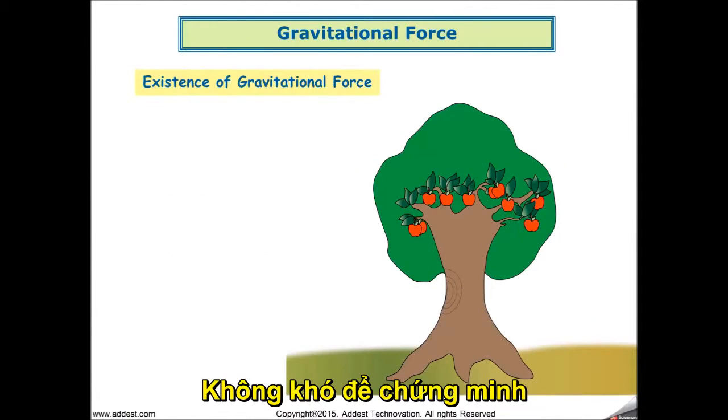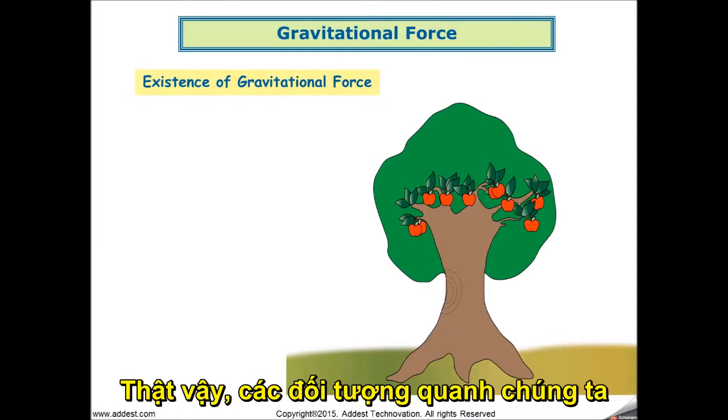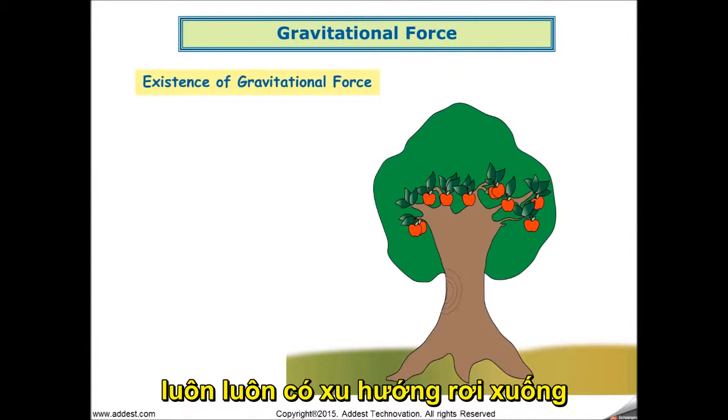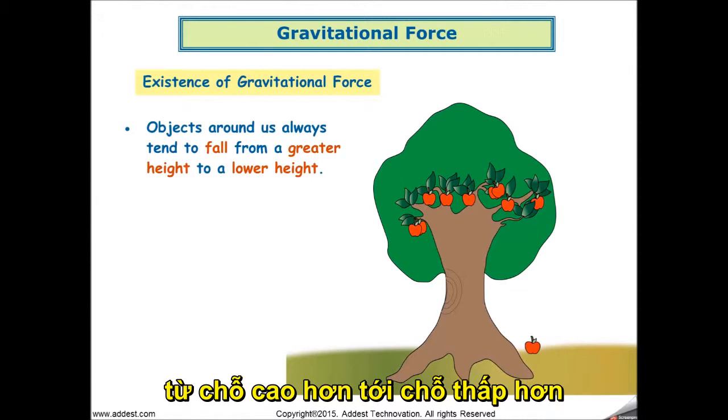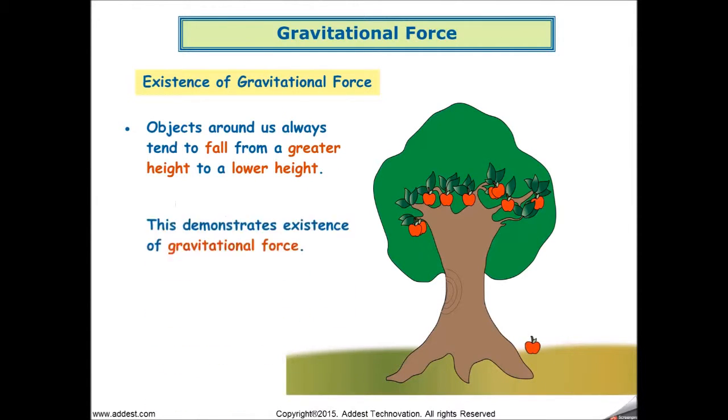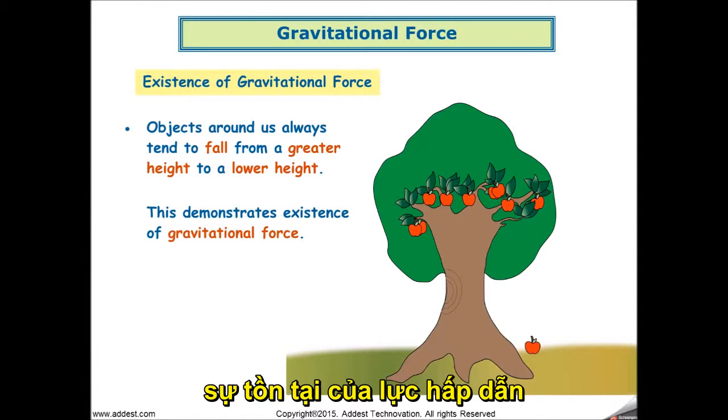It is not difficult to appreciate the existence of gravitational force. Indeed, objects around us always have the tendency to fall from a greater height to a lower height, and this demonstrates the existence of the gravitational force.